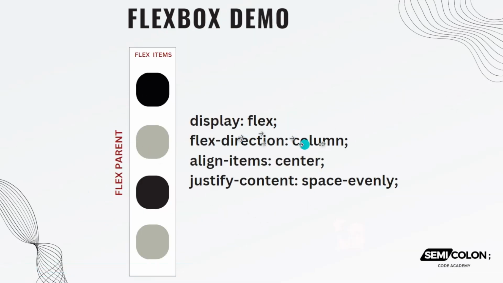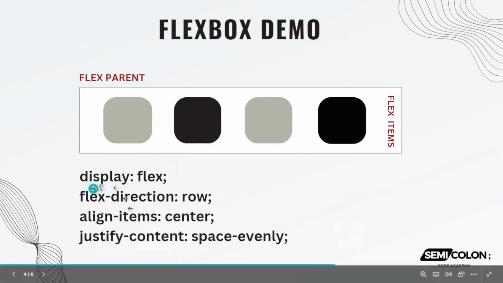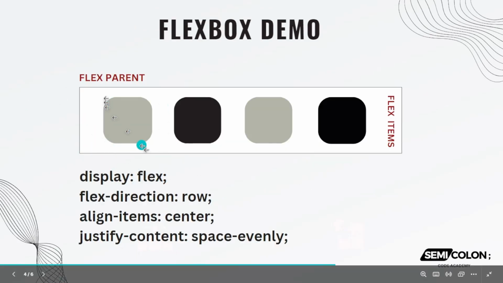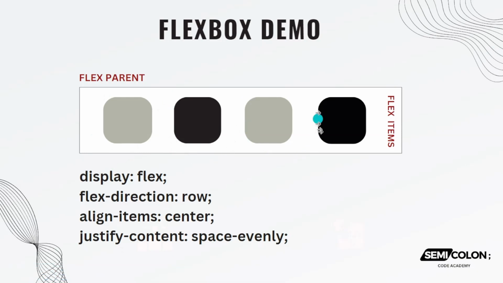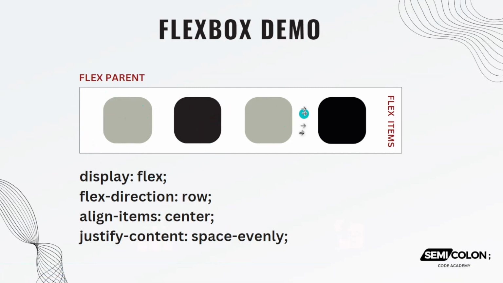The only difference here is the flex direction, right? Justify content basically dictates how much space is in between your flex items, right? So you can see here I've said space evenly, so basically I'm spacing all my flex items evenly within my flex container or my flex parent.